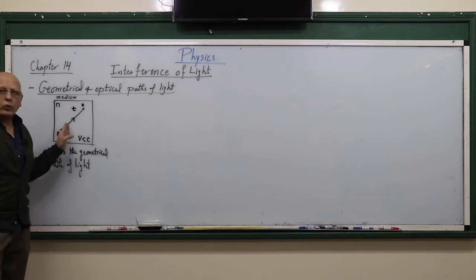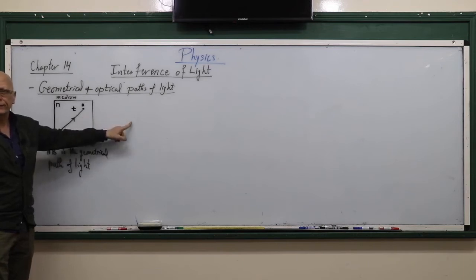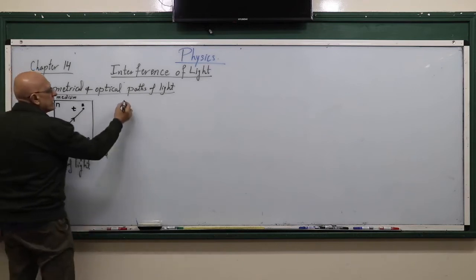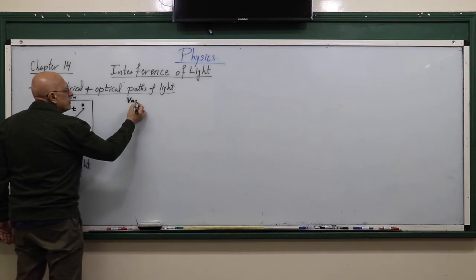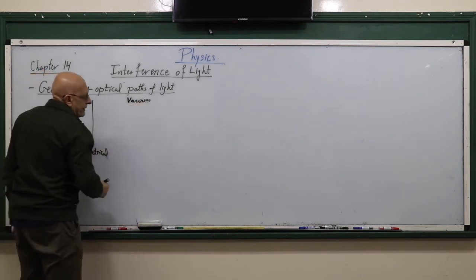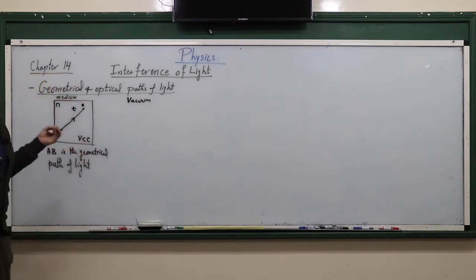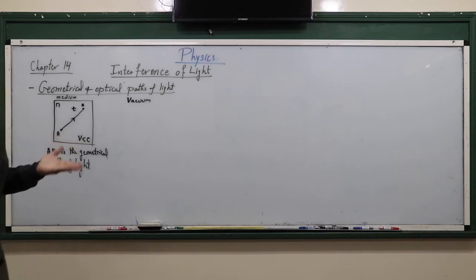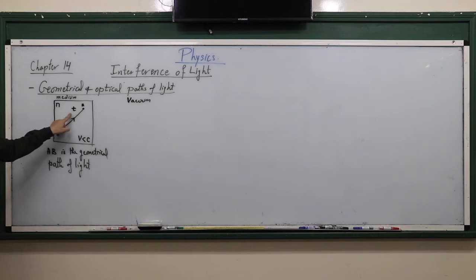Now, what is the distance that corresponds to AB in vacuum? So this is vacuum. And as you know, light will cover a greater distance in vacuum during this time t, because its speed c is greater than v.